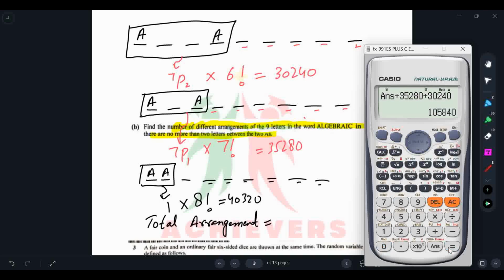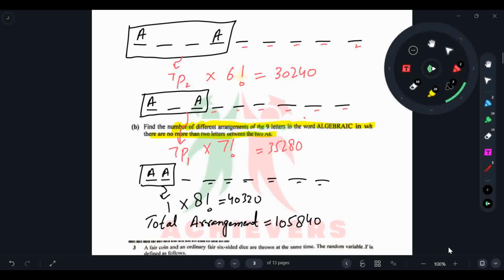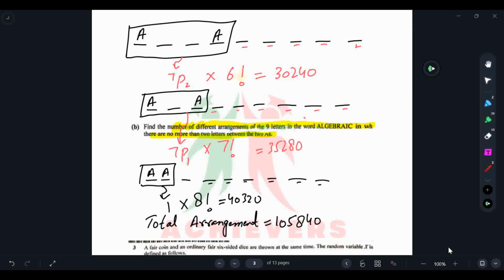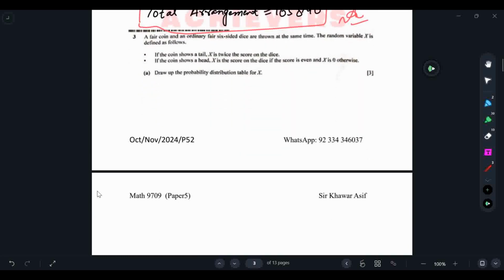So this will be equal to 105840. This will be the final answer. I hope that the concept is clear, but still if you have any question you can ask it in the comment section. Let's move to question number 3.